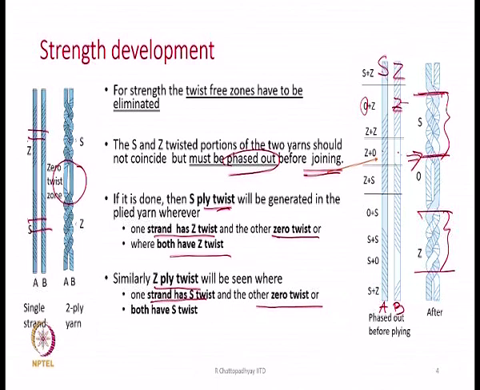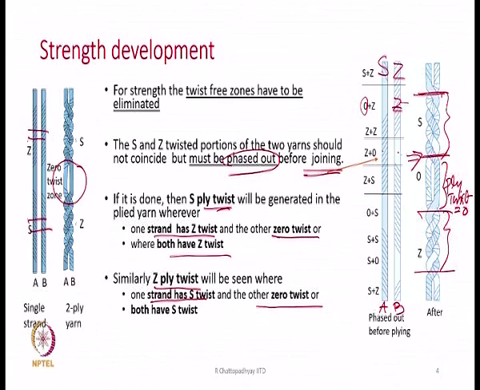And by doing so, what are we achieving? You look at the portions where there is no ply twist. So, this is the portion where ply twist is 0. It is shown here also, but in the 0 ply twisted portion, the individual strands are twisted.